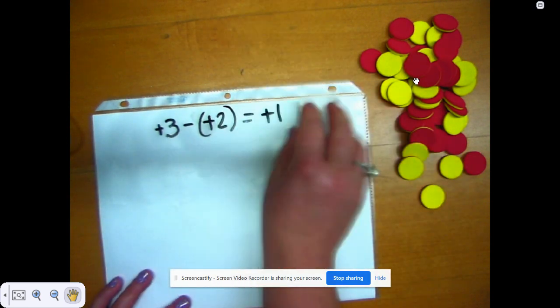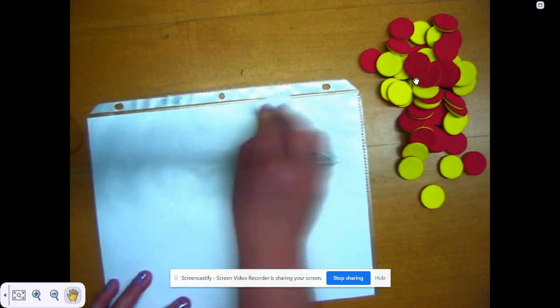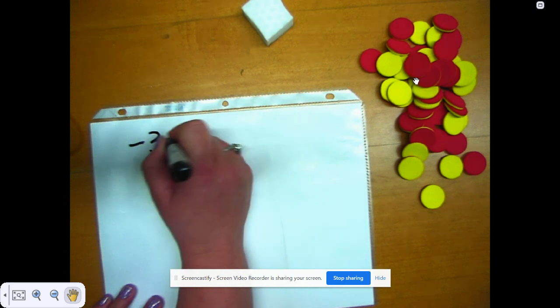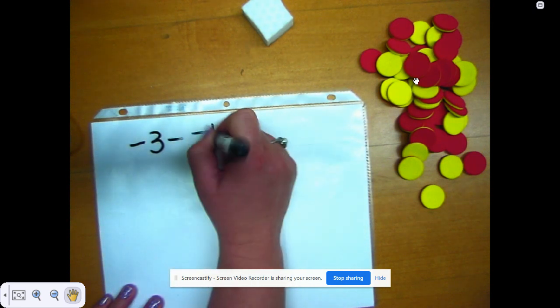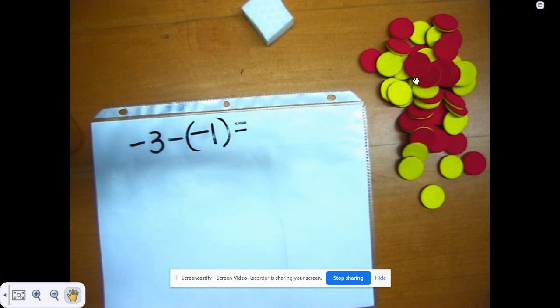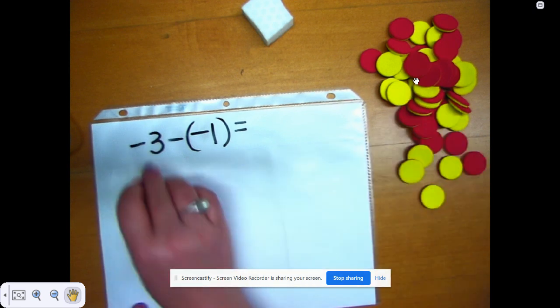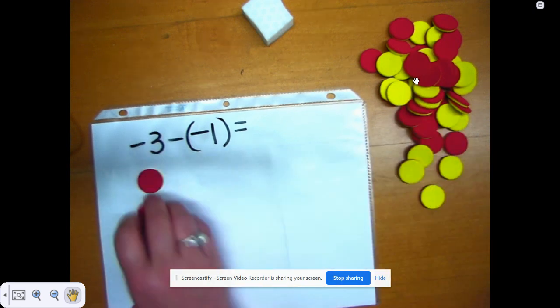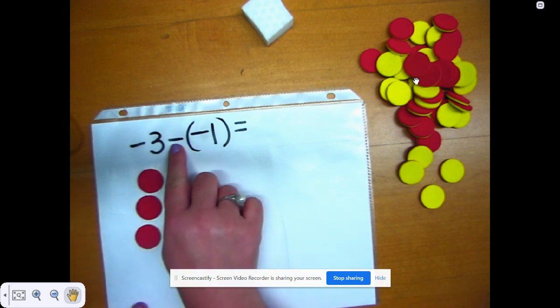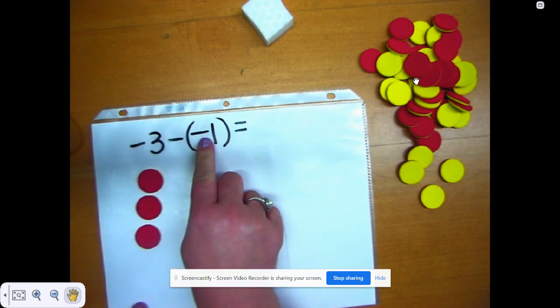That one was easy. It gets harder. Okay, so let me erase this. What if we have -3 minus -1? That looks a little bit different, doesn't it? So let's set it up. What does it say to do? It says -3, 1, 2, 3, and it wants me to take away -1.